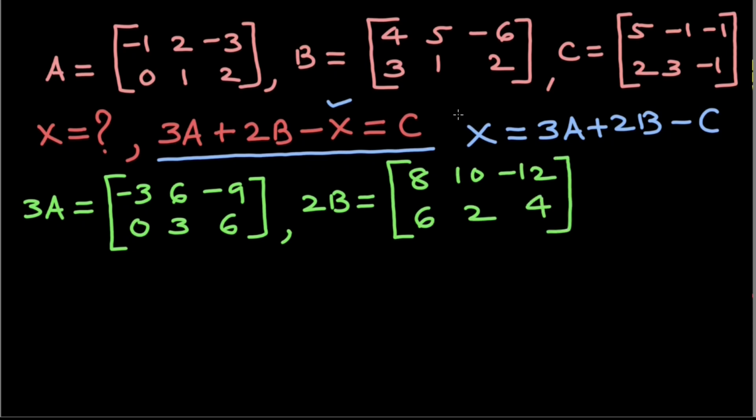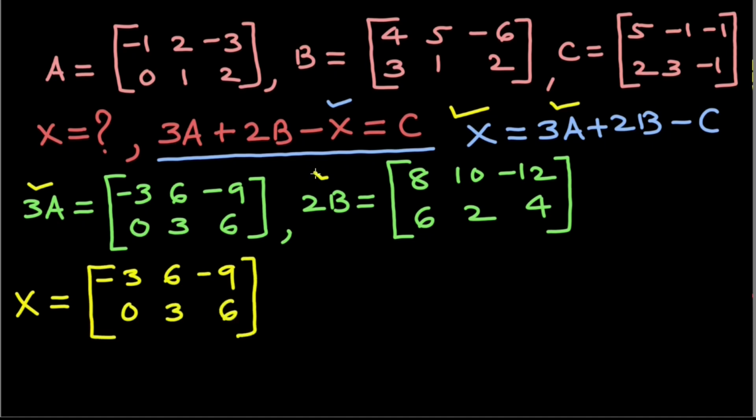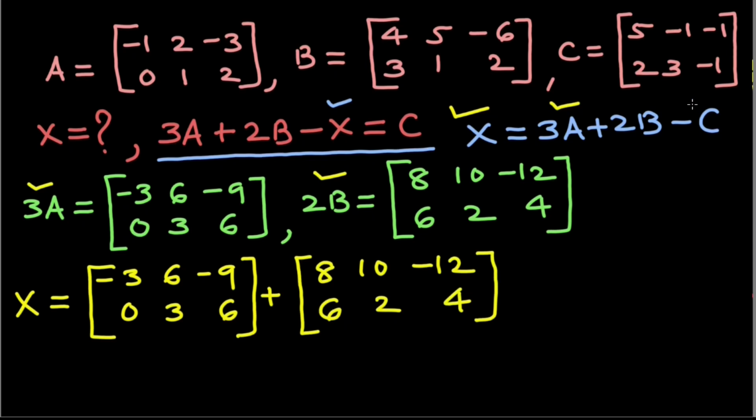Now we will substitute values in this equation to get X. So X will be 3A, which is this matrix, minus 3, 6, minus 9, 0, 3, 6, plus 2B, which is this matrix, 8, 10, minus 12, 6, 2, 4, minus C, which is this matrix, so minus 5, minus 1, minus 1, 2, 3, minus 1.